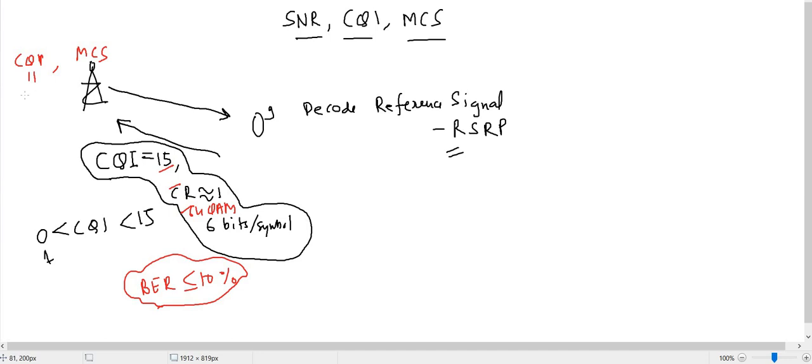CQI 15 is reported by UE, and we have seen the vendor specific table which maps these two parameters. If CQI 15 is there, then allocated MCS will be 28. This table is not written anywhere in spec. So we got the MCS.